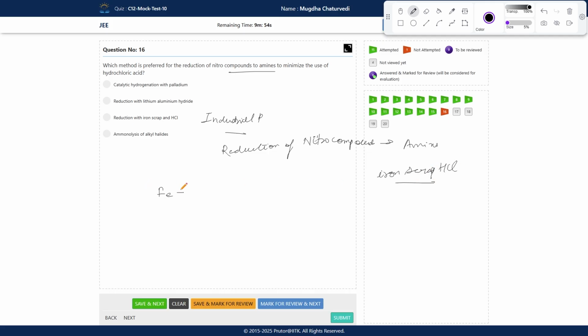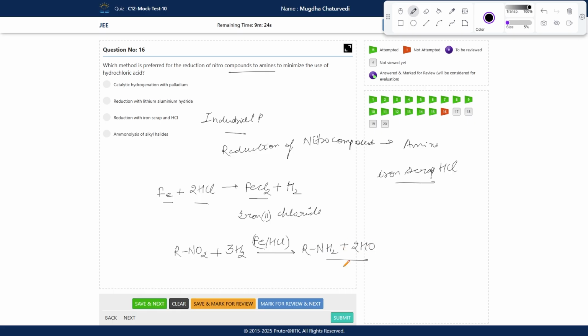So if I have iron plus 2 HCl, this is iron and this is hydrochloric acid, it gives us FeCl2 plus H2. Okay, so this is iron 2 chloride. And if we have a nitro compound which is RNO2, which reacts with 3H2 in presence of Fe/HCl, then here we get RNH2, which is an amine, plus 2H2O.